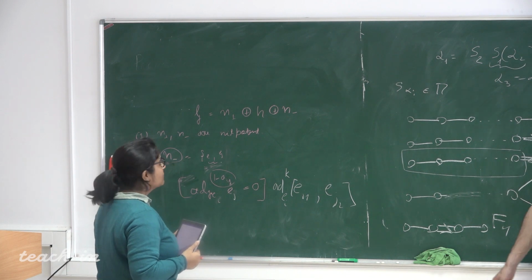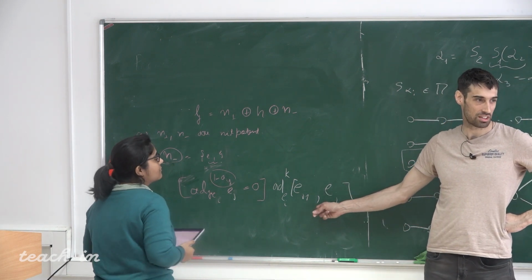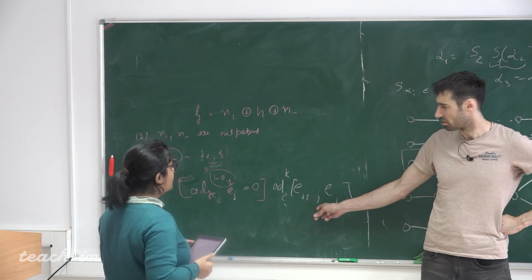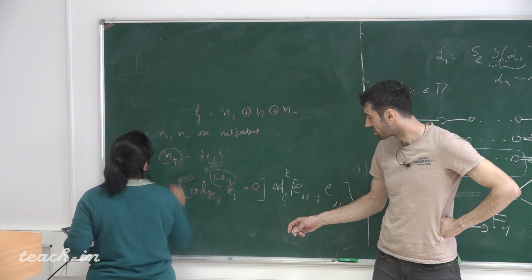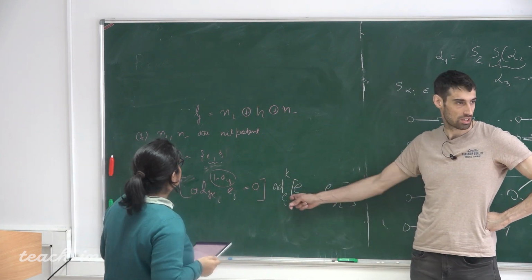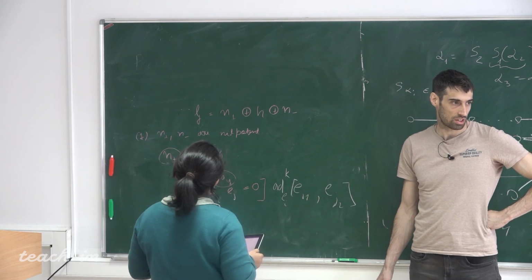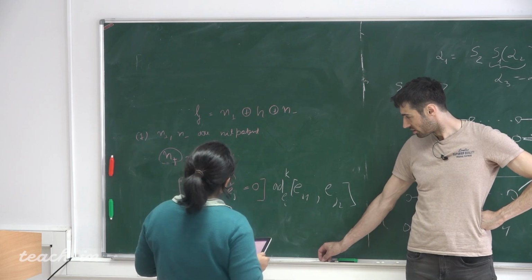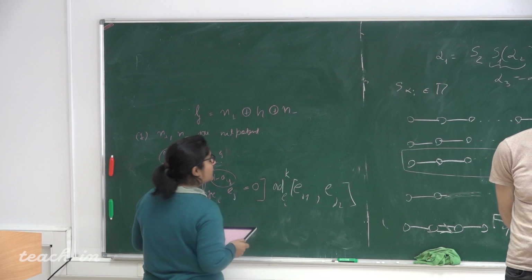But we still need... That's exactly why I wrote that, right? This is in n plus. Yes, n plus. So that's why I need to check that for these vectors I also have the relation on the left, true for every pair of elements in n plus.